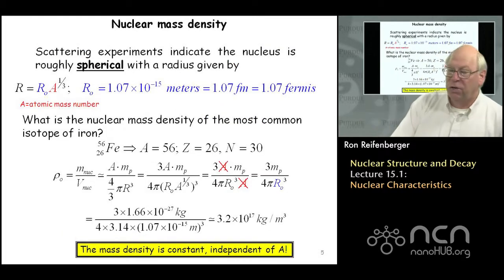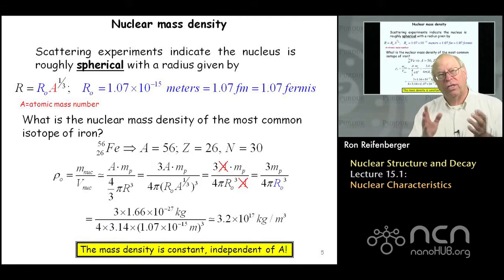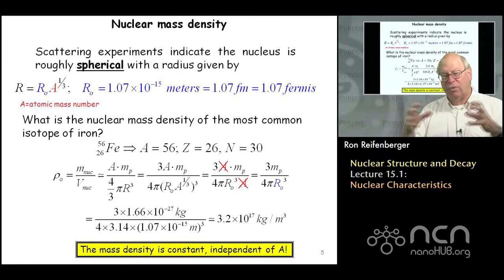Up next would be the nuclear mass density, and this is an interesting discussion because it's a fair question to ask what's the radius of the nucleus based on the mass that's contained.